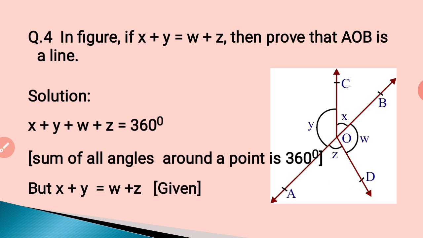Next, we are already told that x plus y equal to w plus z. So, in the given statement, these two parts are equal. So, I can substitute w plus z as x plus y in the initial statement. So, let's do it.